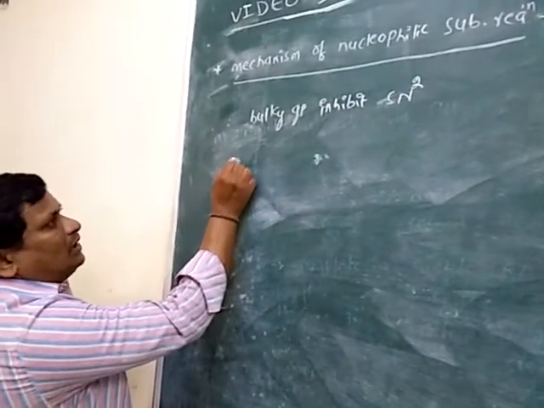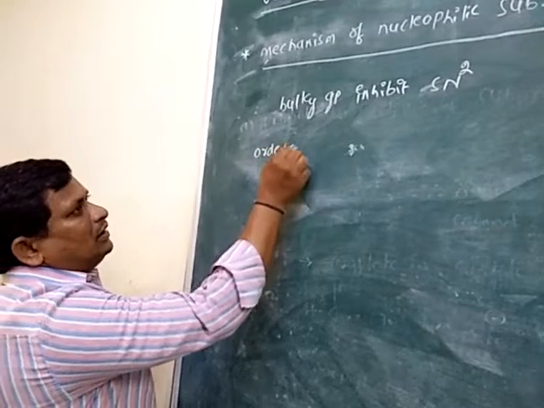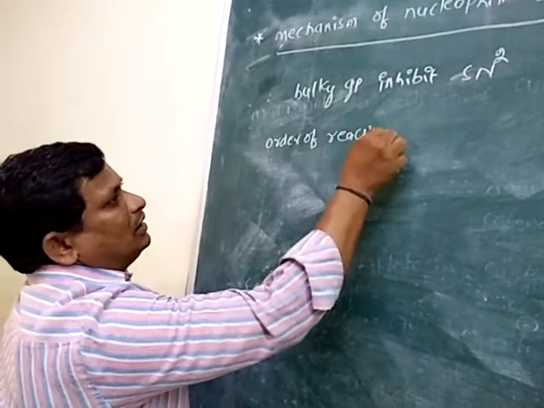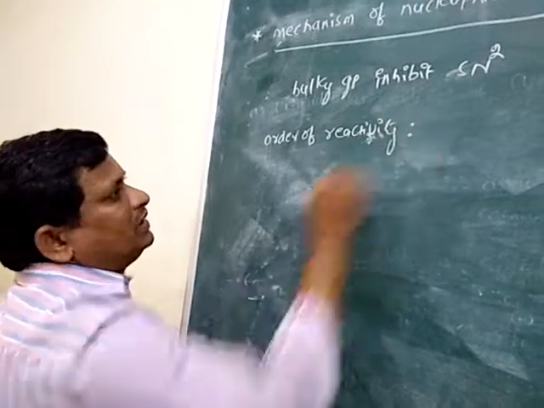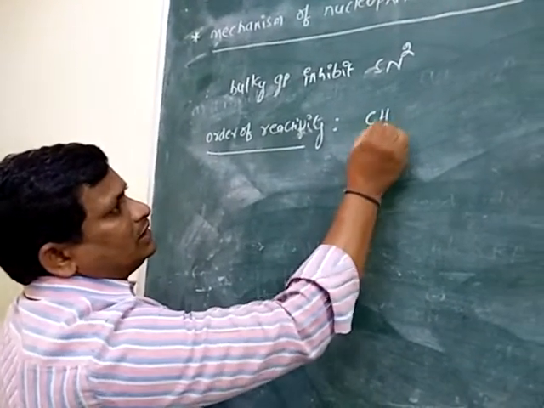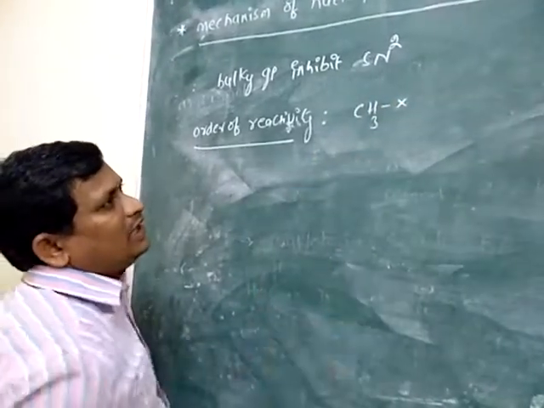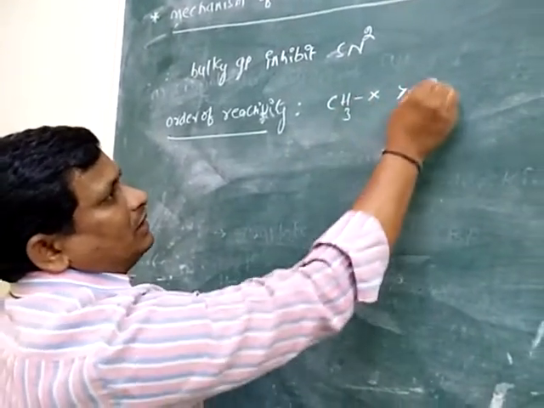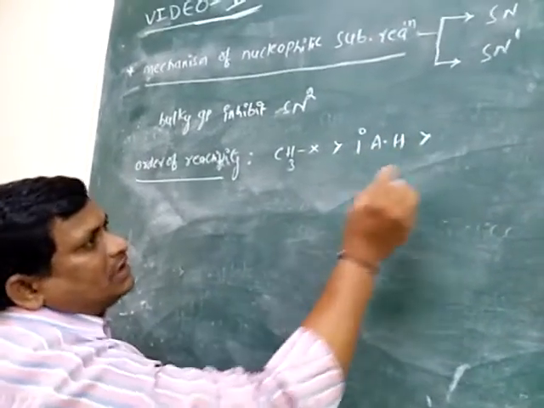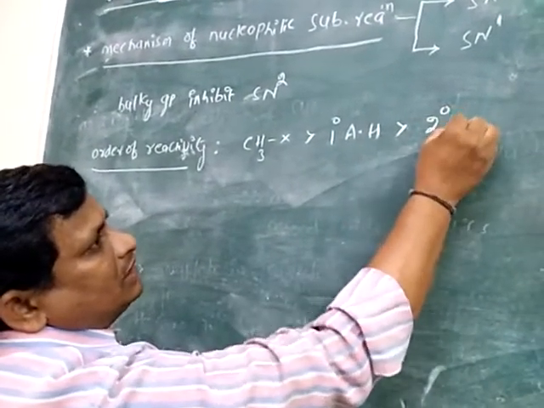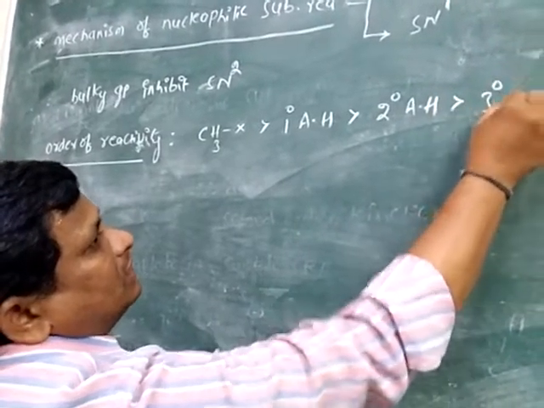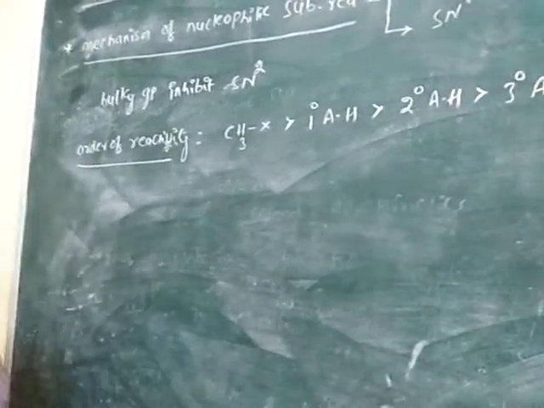The order of reactivity is: methyl halide is greater than primary alkyl halide, greater than secondary alkyl halide, greater than tertiary alkyl halide.